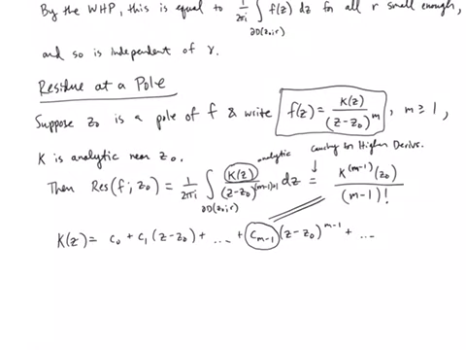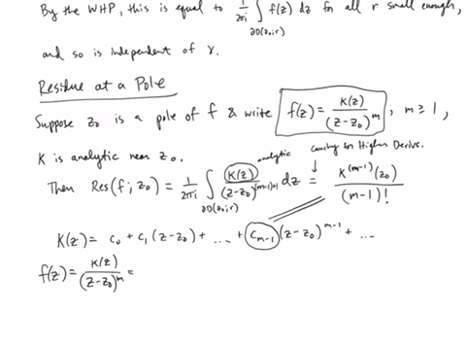And if we write this in terms of f, our f of z is equal to k of z over (z minus z0) to the m.